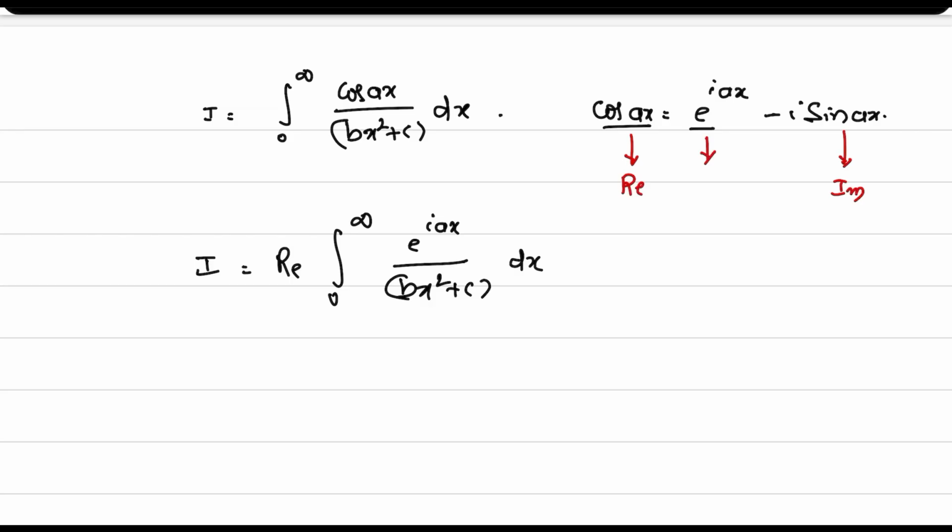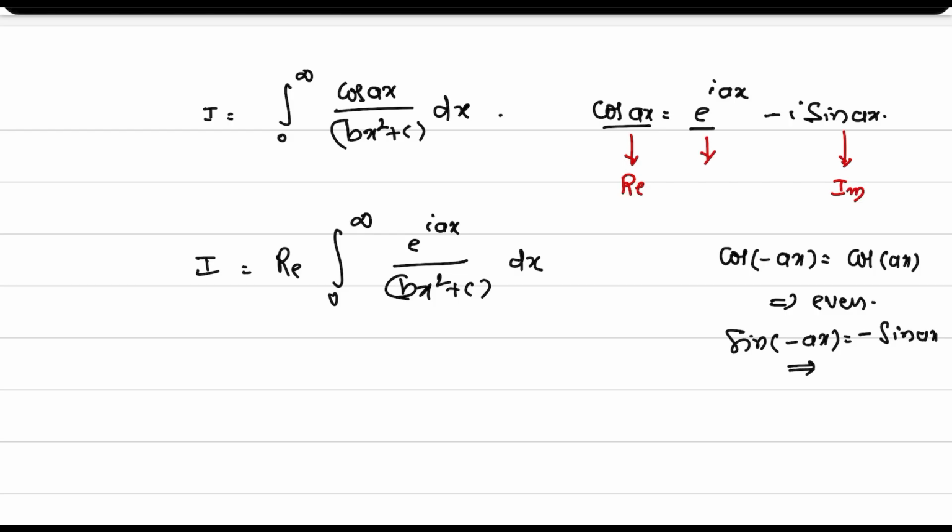Because cos ax is even, and even means what? Cos of minus ax is equal to cos ax. Hence, it is even. Sin of minus ax is equal to minus sin ax. Hence, it is odd.